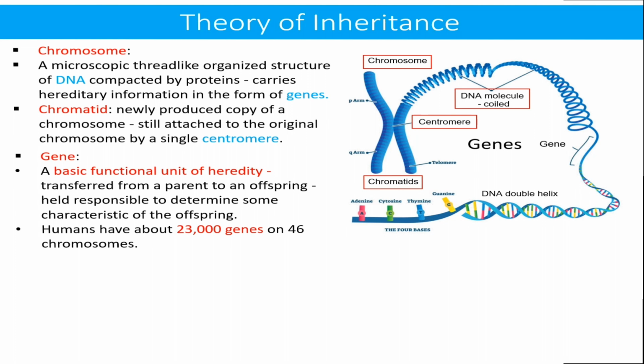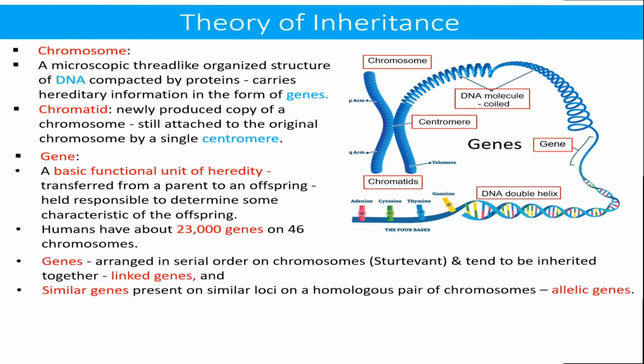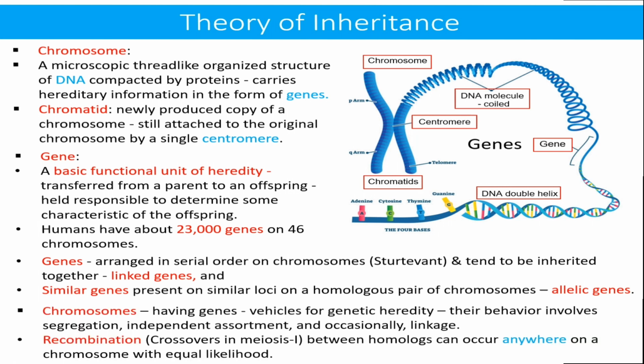Humans have about 23,000 genes on 46 chromosomes. According to Stuart, genes arrange in serial order on a chromosome and tend to be inherited together, named as linked genes. And these similar genes present on similar loci on a homologous pair of chromosomes are termed allelic genes.